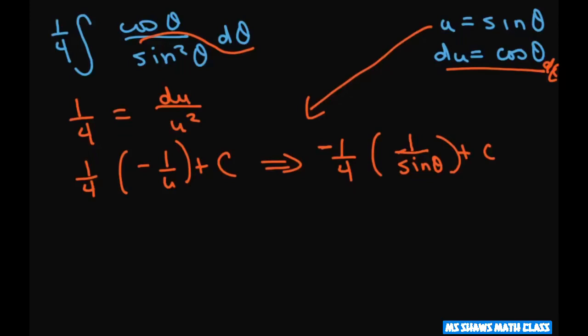That's going to be basically negative 1 divided by sine, well, let's just write this as cosecant. So it's going to be negative cosecant theta divided by 4 plus c. All right, now I'm going to write this again: negative cosecant theta divided by 4 plus c.